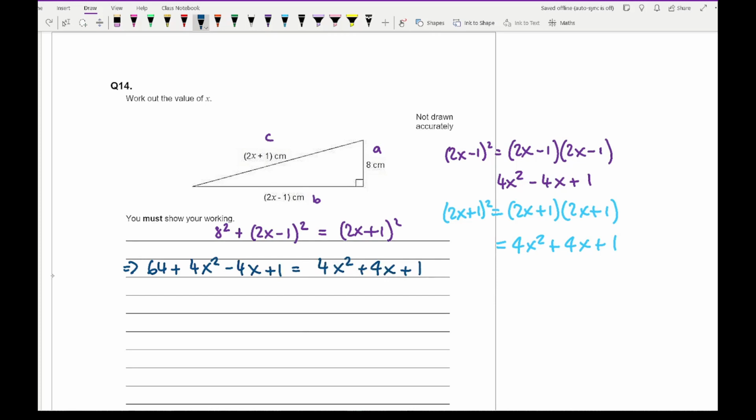And then from this, what I can then do is start to cancel things out. So I've got positive 4x squared on both sides, so they cancel out. If I then take this 4x over to this side and this 1 over to that side, I end up with 64 plus 1 minus 1.